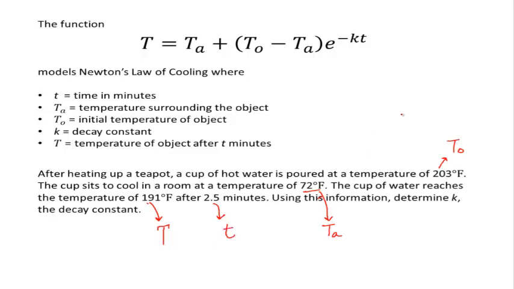So I've counted 4 things here we could plug in, but we have 5 variables. Notice that the question's asking us to determine that last one. We need to figure out what k is, which is called the decay constant. So we're going to plug these numbers in, and we're going to have to solve for k. Notice that T sub A is actually something you plug in twice. All right, so let's do that. I'm going to write that on the next slide.